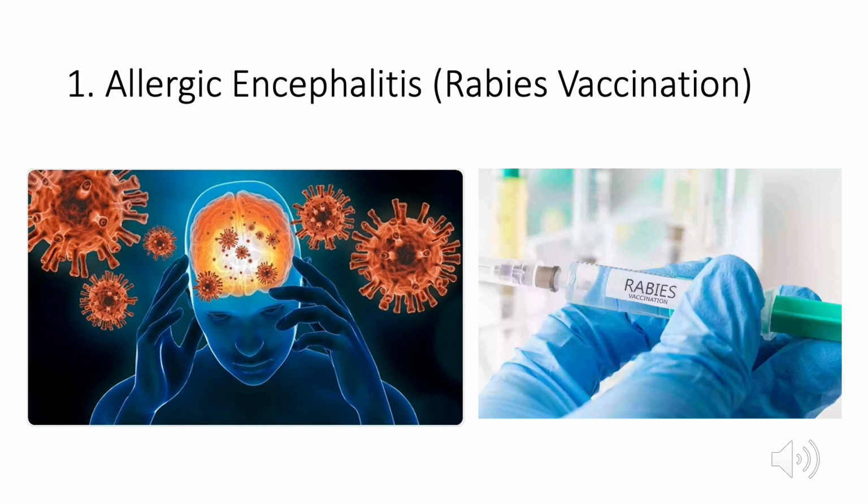The antibody produced against the rabbit myelin protein cross-reacts with human myelin, leading to inflammation of the human brain. This is due to molecular mimicry. Allergic encephalitis may also occur following measles or influenza infection, but they are rare.